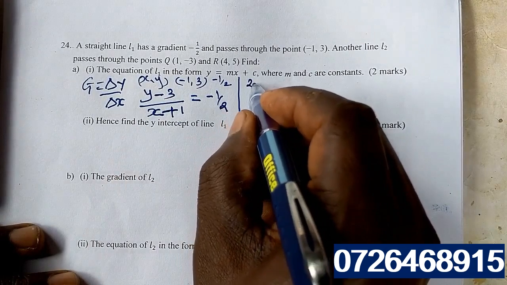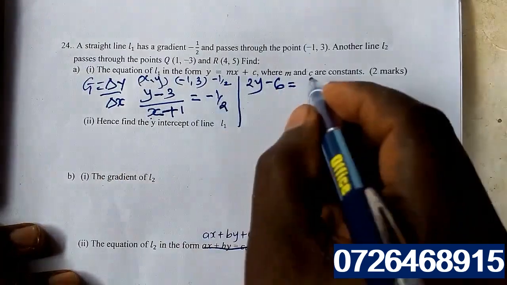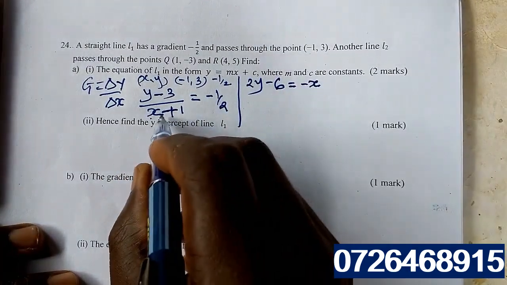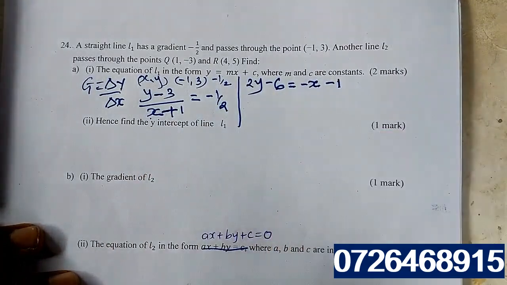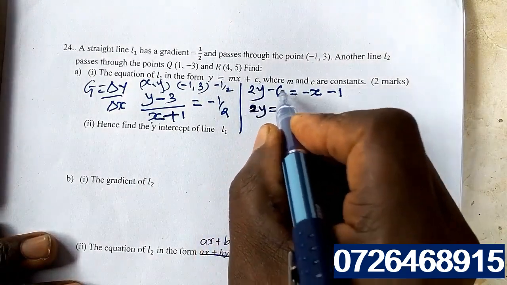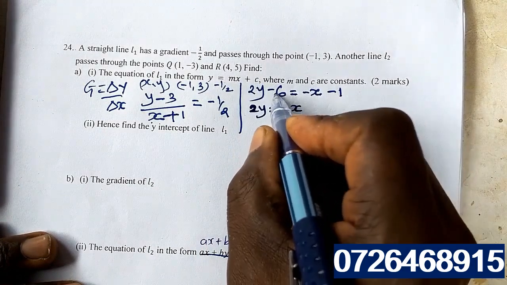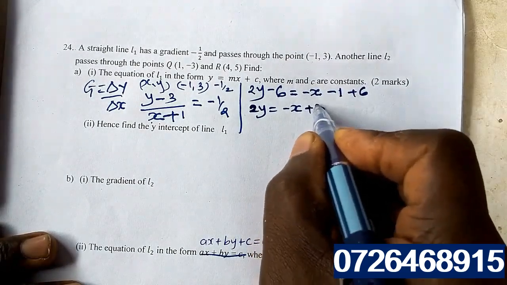We are going to have 2y minus 6 is equal to -x, and this times is going to be -1. So 2y is equal to, going over here, it will be -x. The -6 when it crosses becomes +6. So we will have +5.